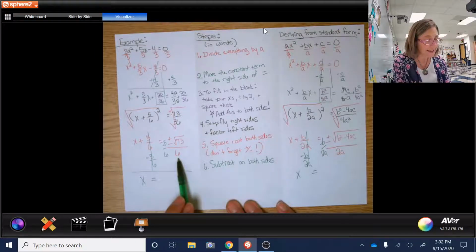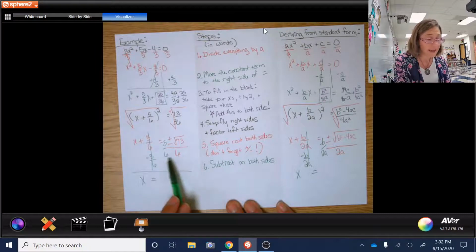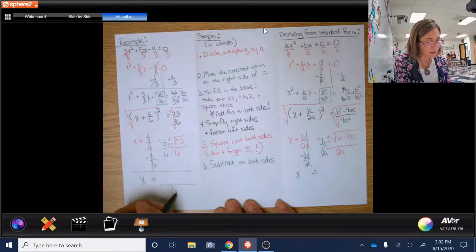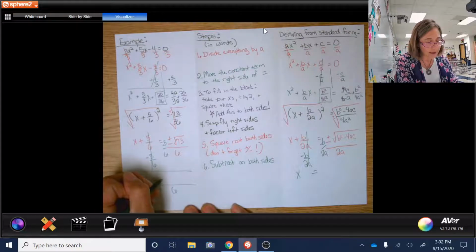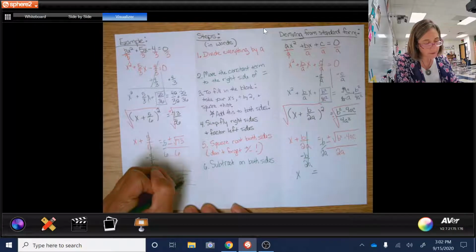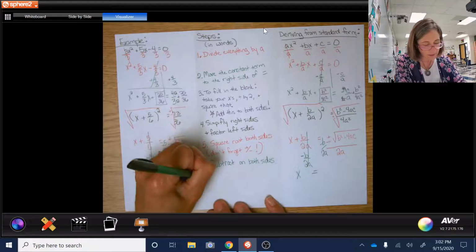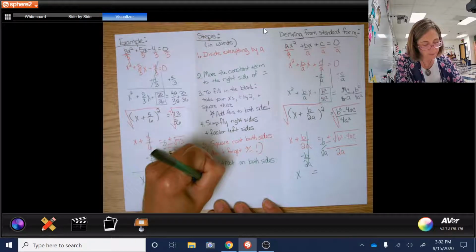Now, to simplify this, this is good news. I already have common denominators with the 6. So I'm going to write it over 6. So my numerator will be that negative 5 plus or minus the square root of 73. And, oh wait, so this step is I simplify.